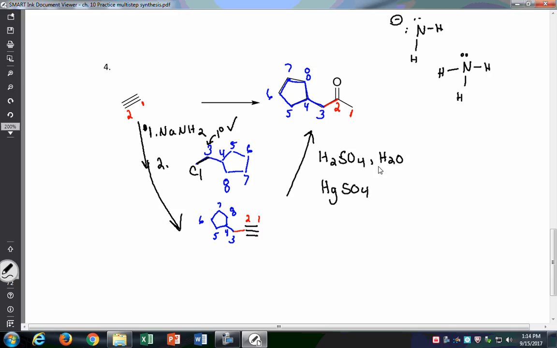And there's more, of course, in your homework, and I really suggest practicing. The biggest thing is you have to know your reagents. And then if you go through these steps of always analyzing the starting material and the product, trying to find where your starting material is in your product, what new bonds form, what changes between your starting material and your product, then the rest is just mapping it out and solving a puzzle.